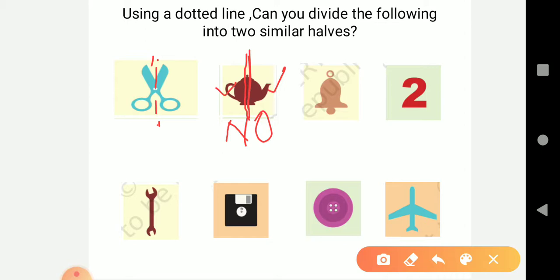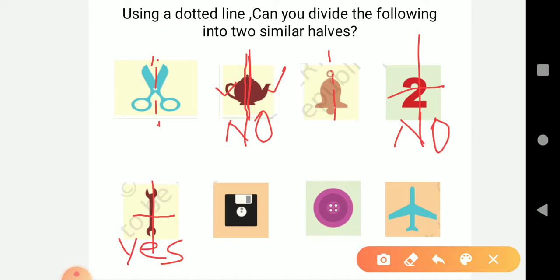Can you divide the bell into two equal halves? Yes. Okay. Then can you divide the 2 into two equal halves? See, vertically and horizontally both sides are not the same part. That's why it is also not two equal halves. Yes, tell me. When we divide the given shape with a standing line or sleeping line, both ways are the same.